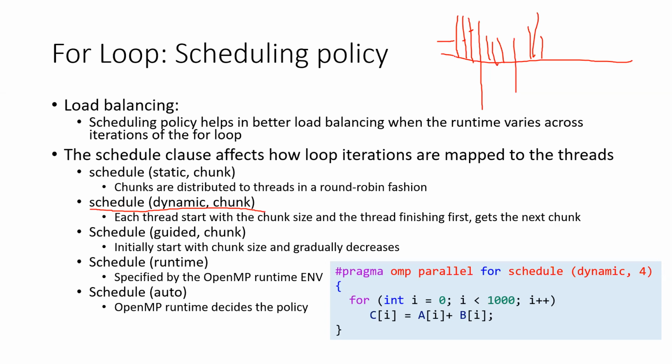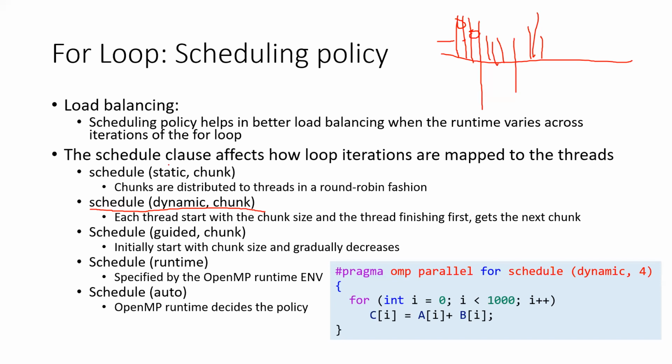If I specify 2, thread 0 will take the first 2 iterations, thread 1 will take the second 2, and so on. Once thread 0 finishes its 2, the next set of iterations will be picked dynamically by whichever thread finishes first. Whoever finishes first will do more work, whoever is doing heavy lifting will continue their work, and other threads will finish the remaining iterations. That way you are doing dynamic scheduling.